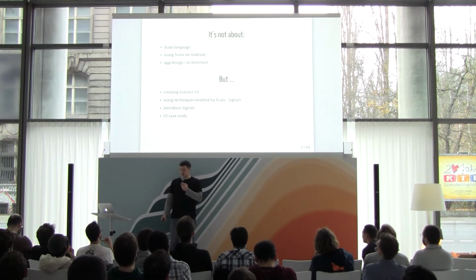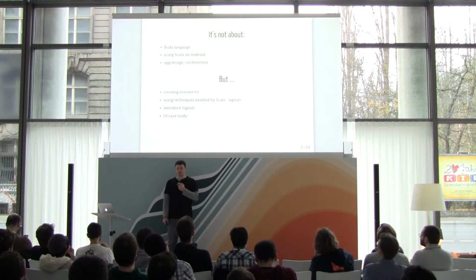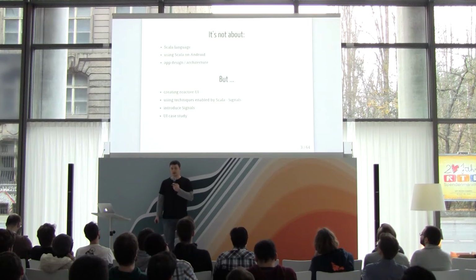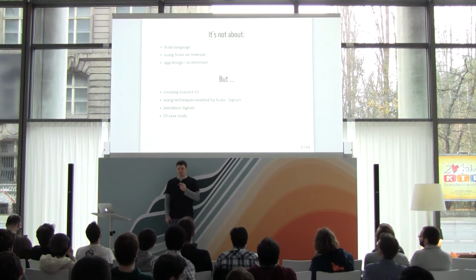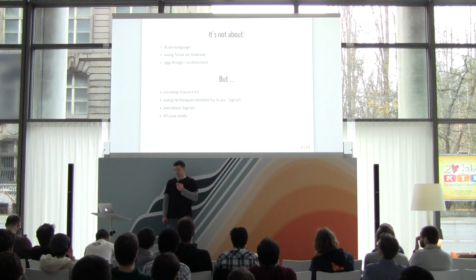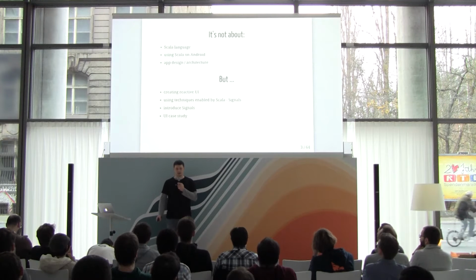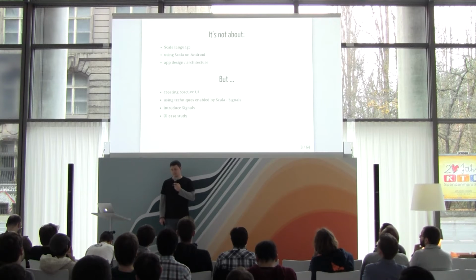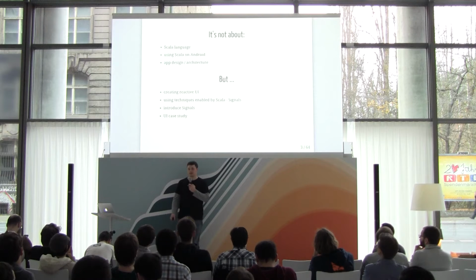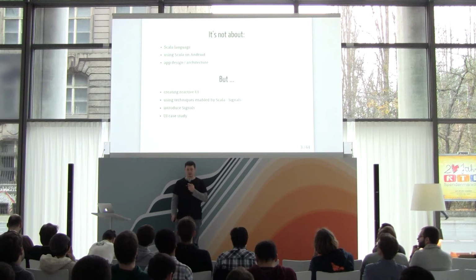This will be only about creating reactive UI, using some techniques that are enabled by Scala. In this specific example, it's signals. So I will start with introducing what a signal is, what my implementation of signal is, and then we will go with a case study of using signals to implement UI.